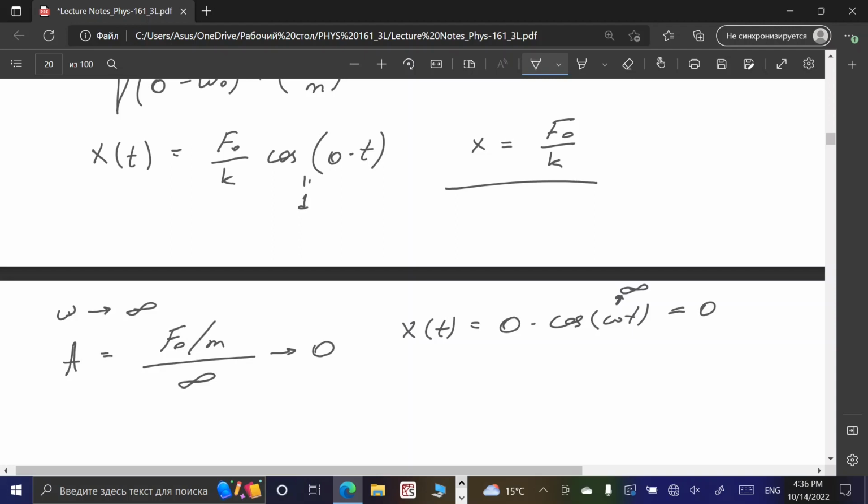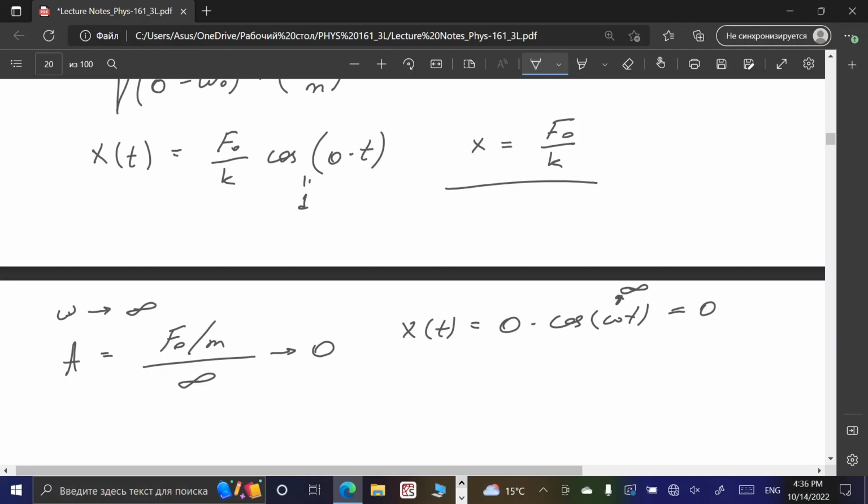So regardless of the force, we can apply an extremely large force to this system. Doesn't matter what force we apply. If the frequency is very high, meaning much higher than the natural frequency of the system, it will not even respond to this force.